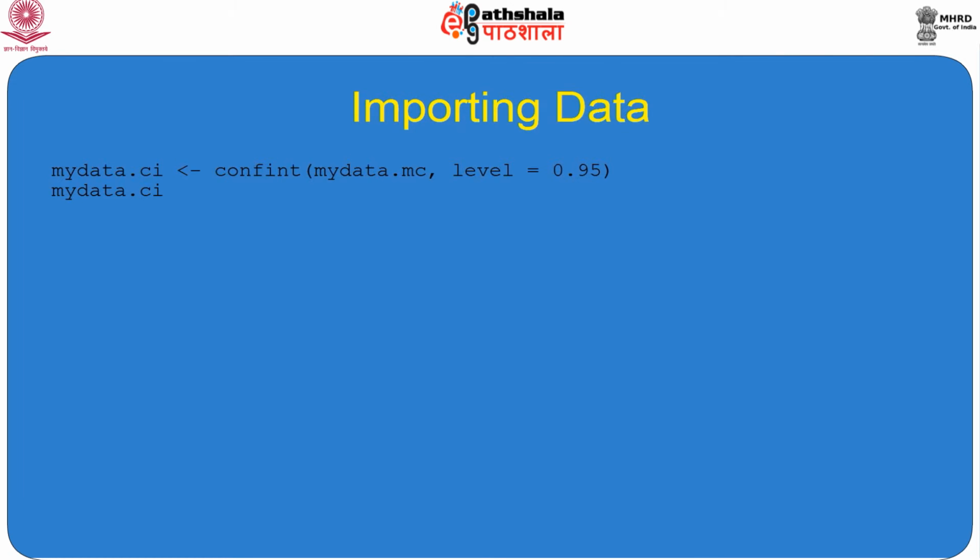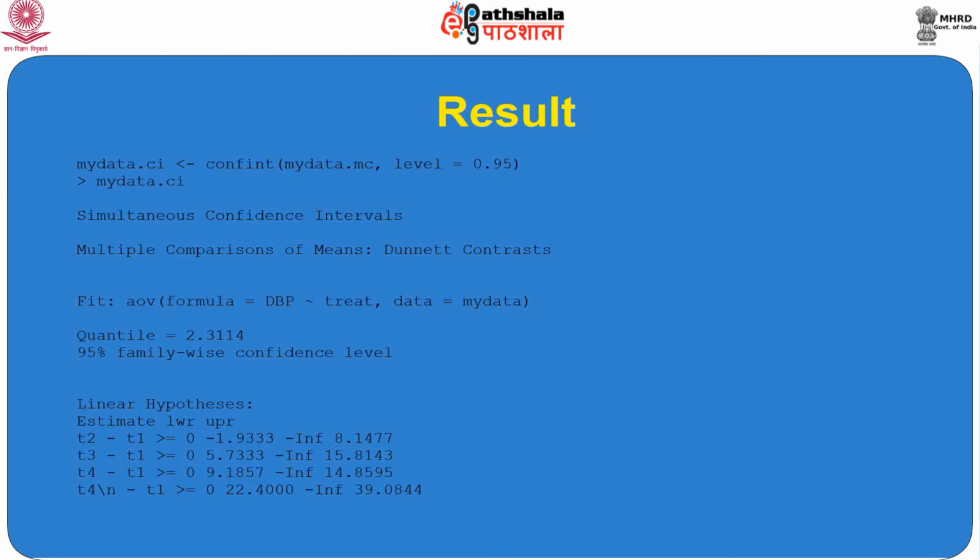Within parentheses we put my data dot mc with level 95% confidence interval, calling my data dot ci, and this gives us the treatment-wise comparison confidence intervals. As estimated, T2 and T1 was minus 1.933, and the confidence interval here is from minus infinity to 8.1477.